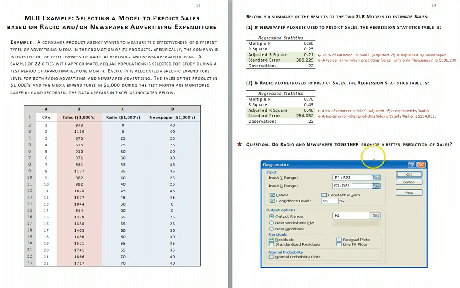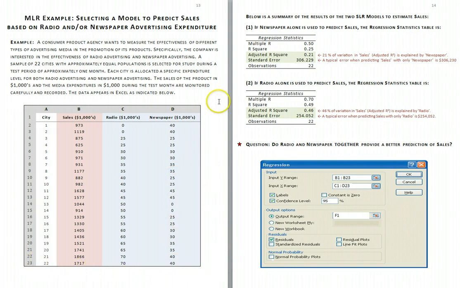Here is the regression drop-down box that needs to be completed. The difference from simple linear regression is in entering the X range, C1:D23. The entries for the X variables appear in cell C1 through D23.